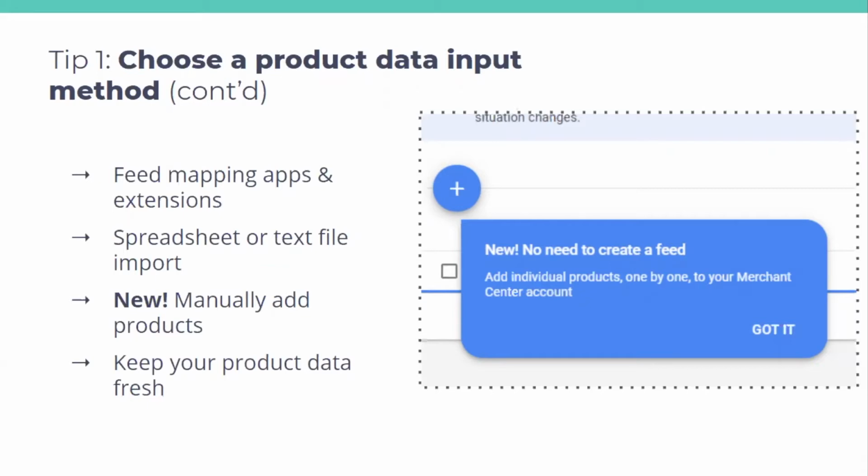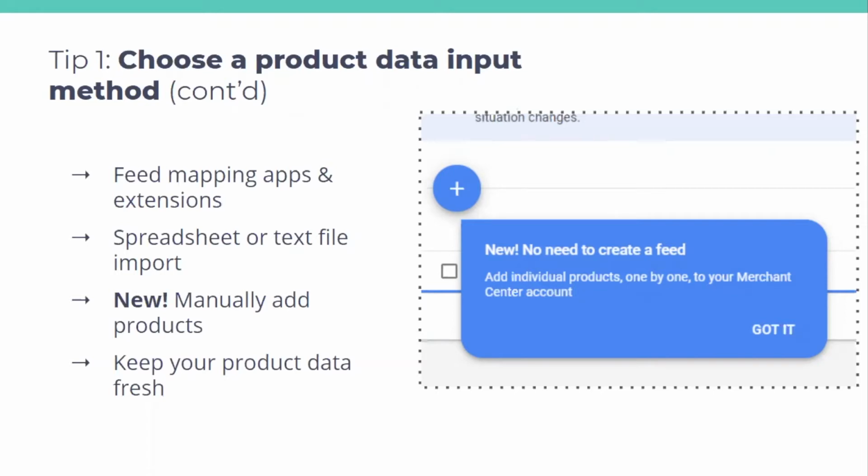So usually you can buy a one-time payment of an app or an extension to add to your site that will help you map that feed and submit it to Merchant Center on a regular basis to keep that product data fresh. I've also had experience using other mapping sites like GoDataFeed. So those are all options, especially if you have a lot of products.